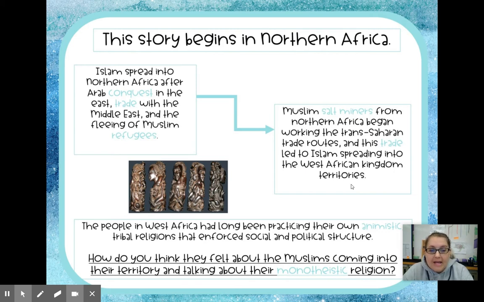All right, the third way that Islam spread from the Arabian Peninsula into North Africa was through refugees. We know that during this time period, the Islamic religion has split into two different groups, the Sunnis and the Shiites, and they're having a lot of violent interactions with one another. And so some of the Muslims are trying to escape to avoid that violence.